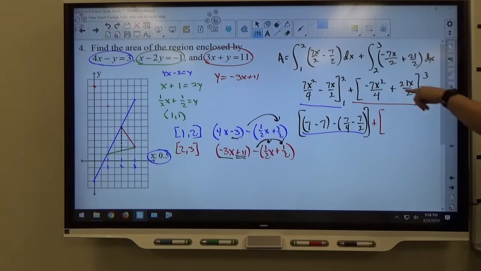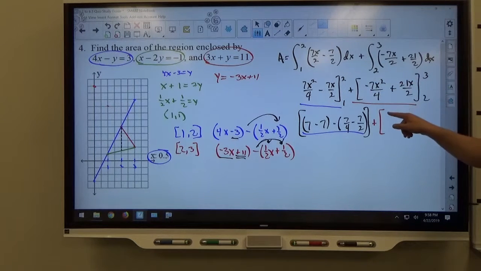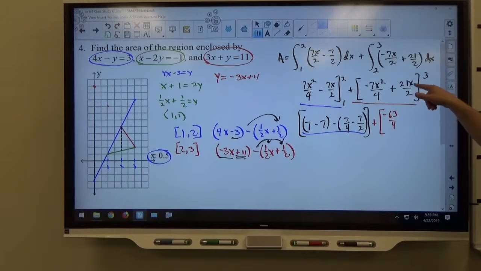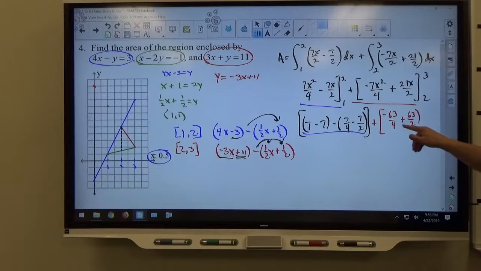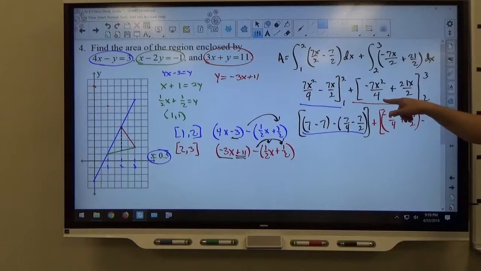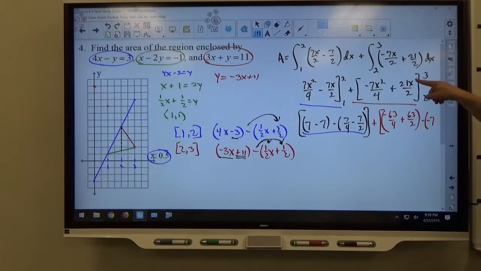Okay, so if I put 3 into this one, I'm going to get 9 times negative 7, so negative 63 over 4. If I put 3 in here, I'm going to get 21 times 3, positive 63 over 2. Minus, if I put 2 in, I'm going to get 4 over 4, so that's negative 7. And I'm going to get 2 over 2, so it's going to be plus 21.